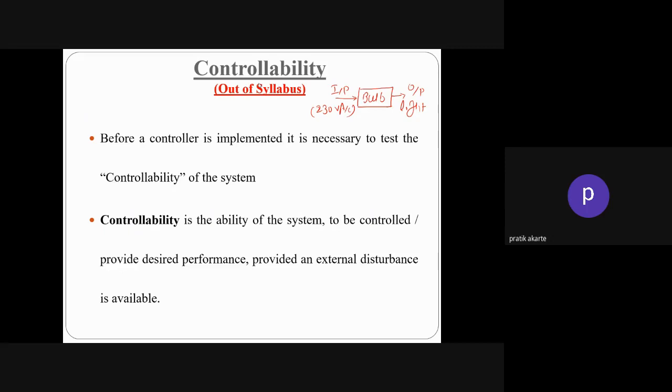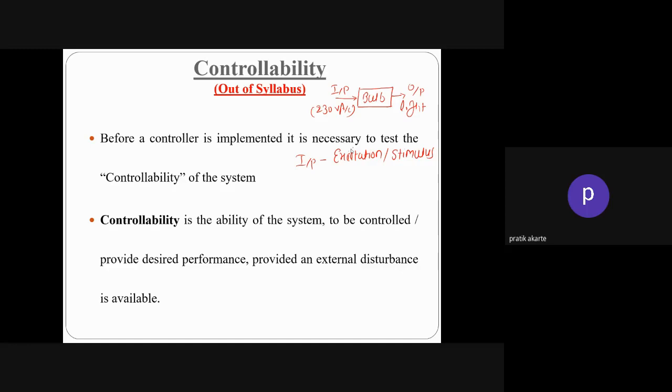What is input? Input is an excitation or stimulus that is provided to the system from an external source in order to produce the output.